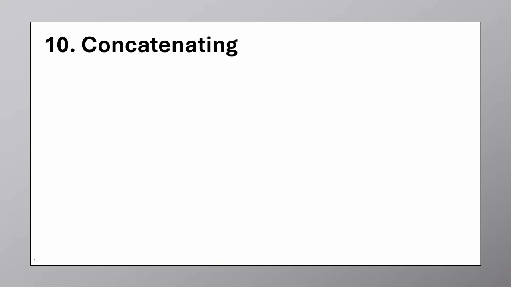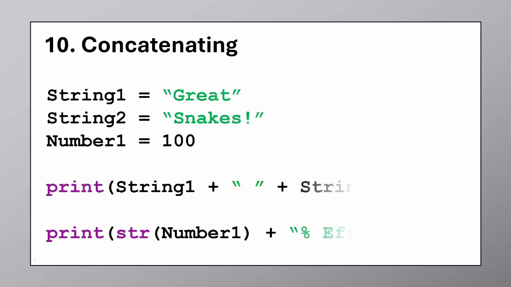And finally, concatenating. We've already seen a little bit of that with our file and path, but it's important for me to remember some of these things, especially when you're trying to concatenate different types of objects. So say I create objects; there are strings, there are numbers.